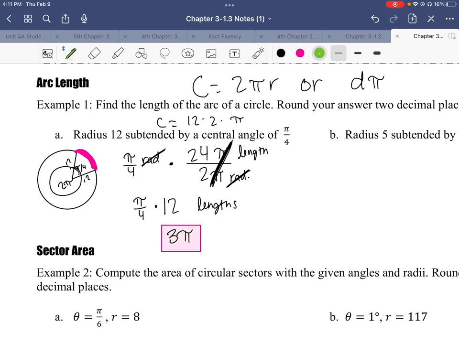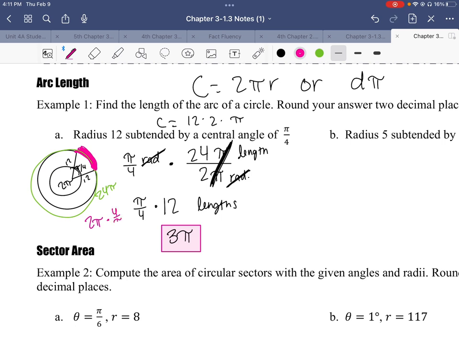And if you think about the circumference being from here all the way around to here, if that's 24 pi, and we just want this little tiny 45 degree, pi fourths part of it, it makes sense that that's going to be 3 pi, because if we took the whole 2 pi and divided by that pi fourths, how many pi fourths do we have in there, right?